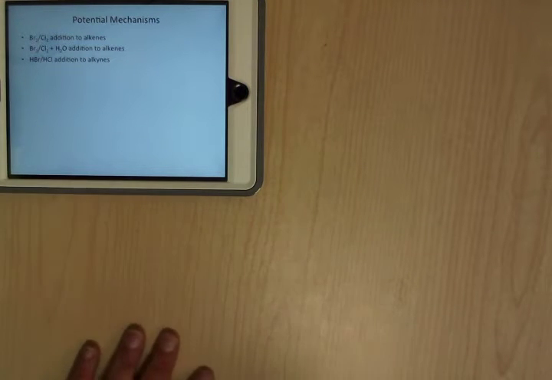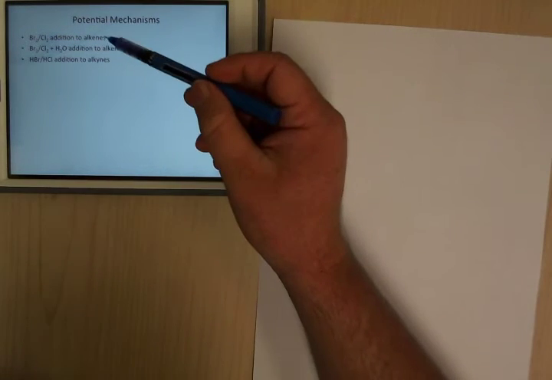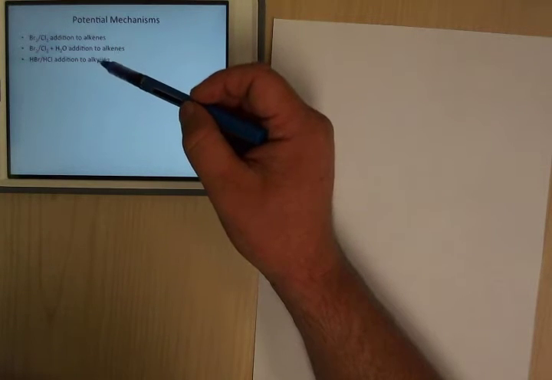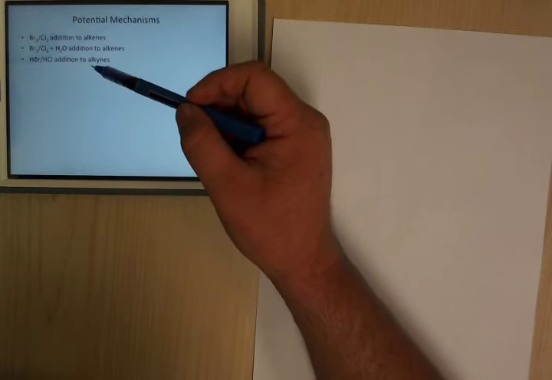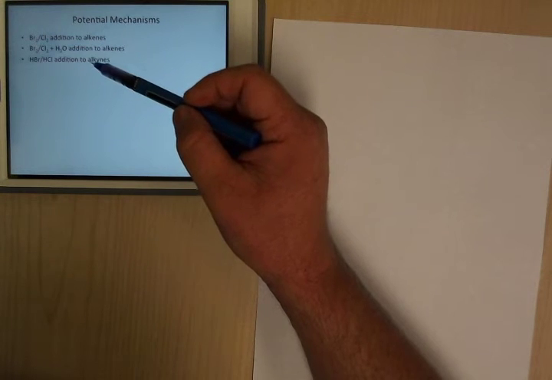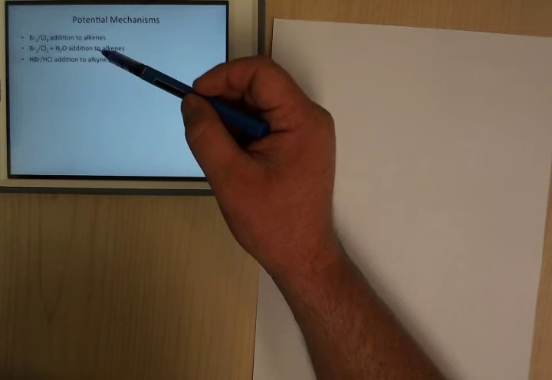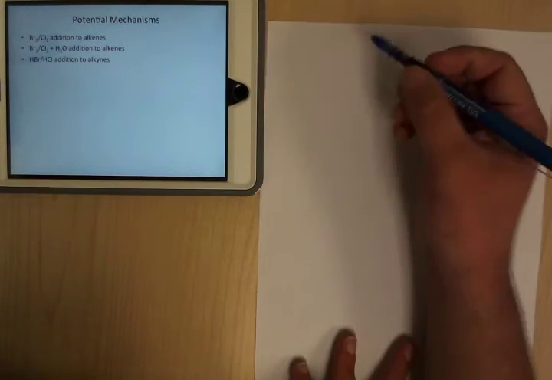Okay, so potential mechanisms. Here are the three potential mechanisms. I'm going to pick on your exam: you're going to have one of these to deal with, you just don't know which one, so you need to know the three. The next slide is this one here, and we'll go through this mechanism there.